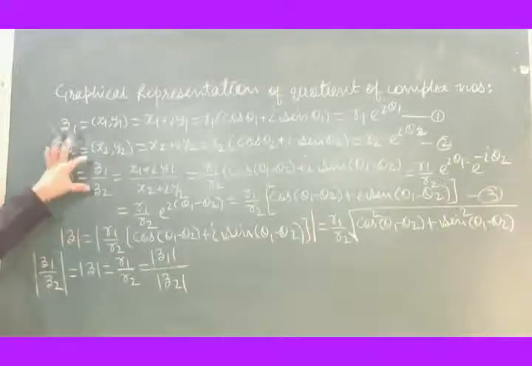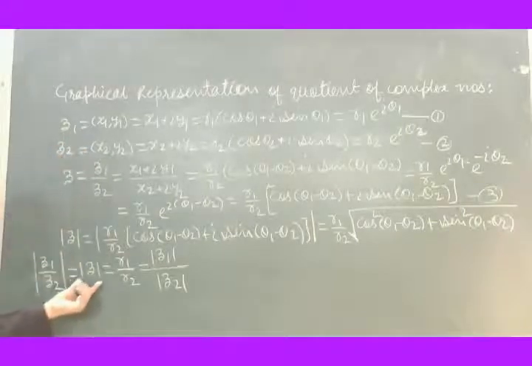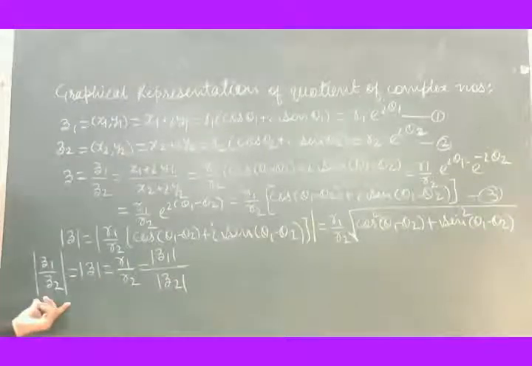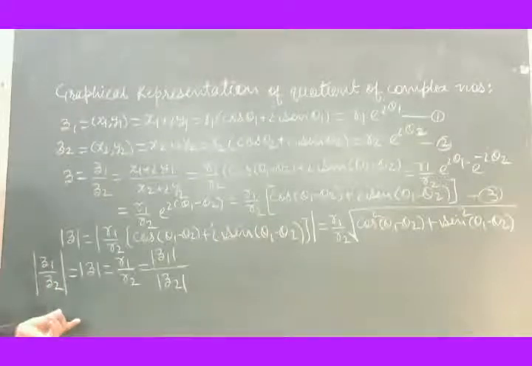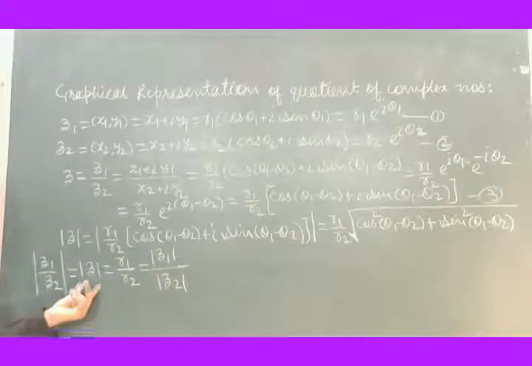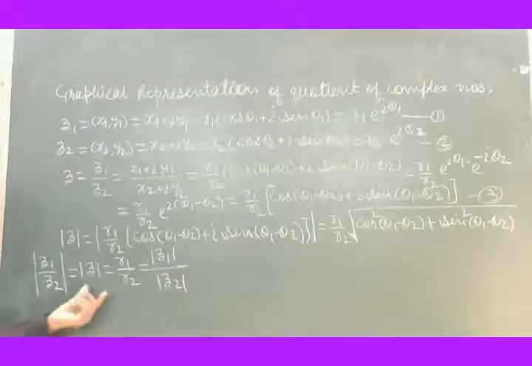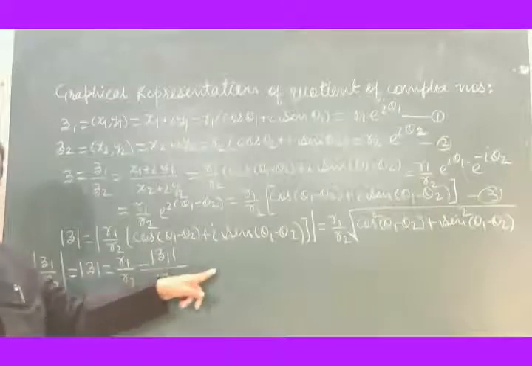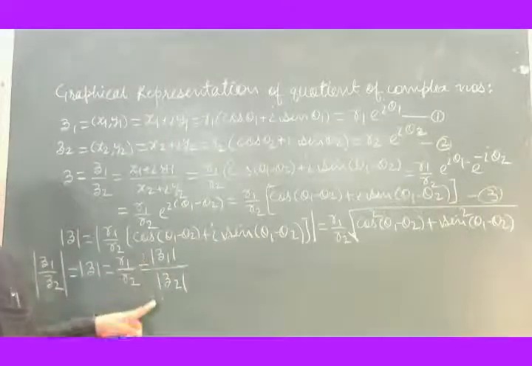Z is z1 by z2. So when I write modulus of z, I write modulus of z1 divided by z2, because z is equal to z1 by z2. So modulus of z is nothing but modulus of z1 by z2. That is equal to R1 by R2, or quotient of modulus of z1 by modulus of z2.